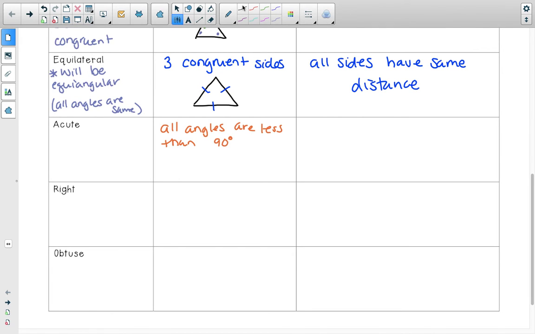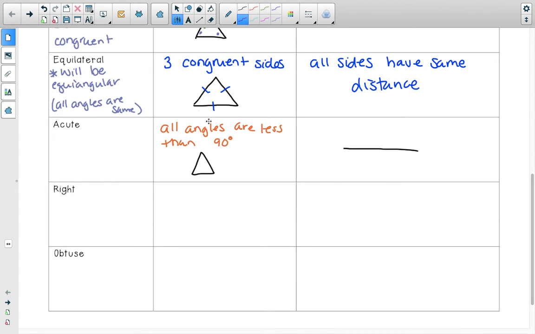So an acute triangle has all the angles smaller than 90 degrees, so no right angles and nothing bigger than 90 degrees. In the coordinate plane, we won't really use anything to show that. We would use a protractor to measure the angles.